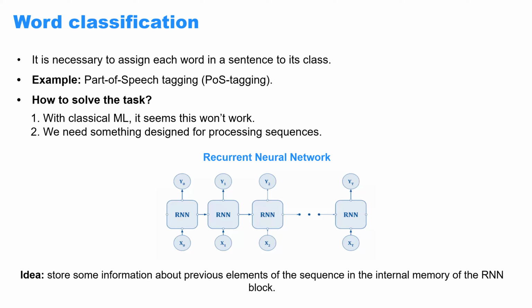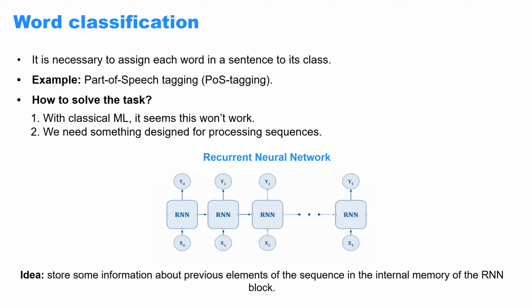The main idea of a recurrent neural network is that it saves information into a hidden cell inside it. It goes through our sequence step by step, word by word, and accumulates information inside itself.